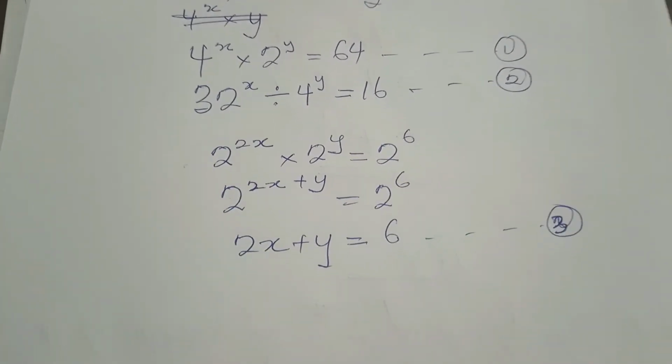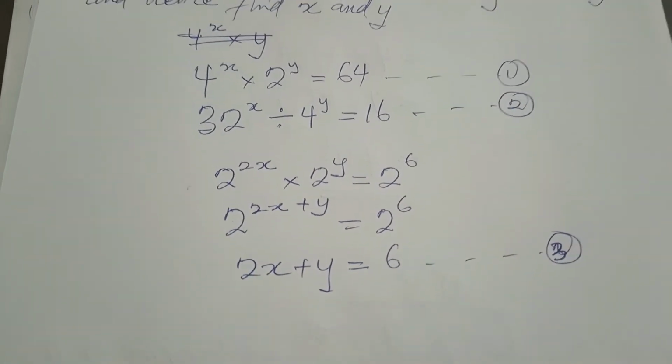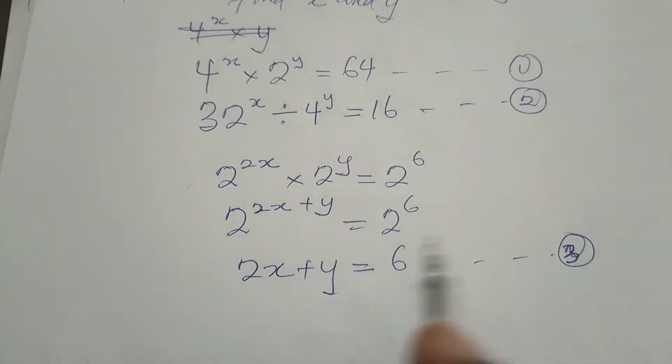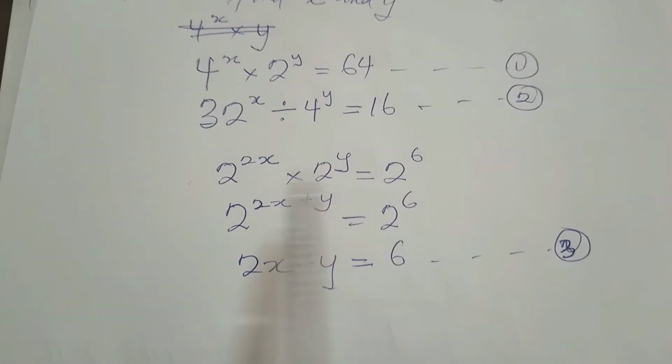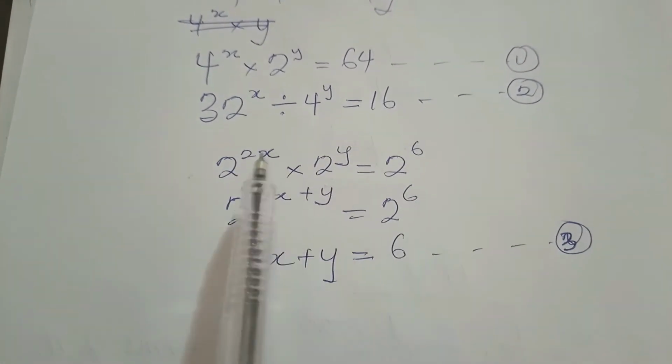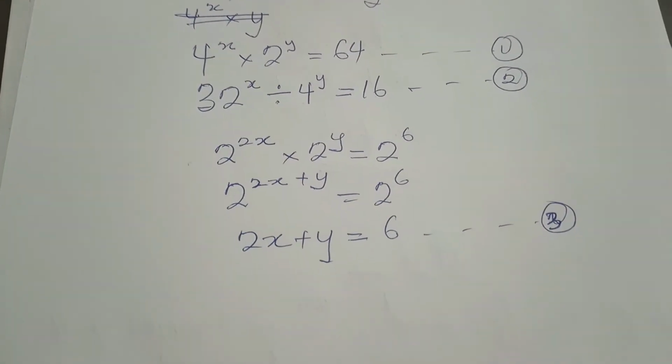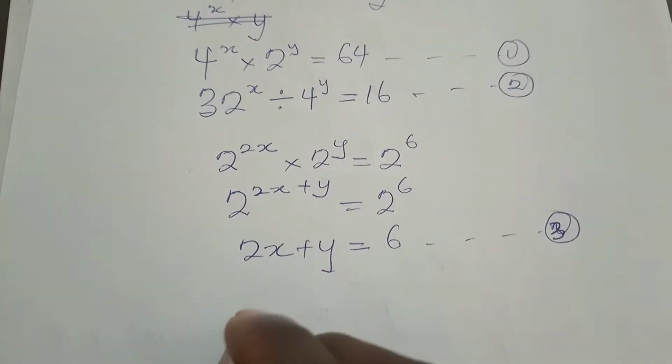Let's take equation 2 and break it down to get equation 4. 32 here can also be expressed as base 2. So 32 is 2 exponent 5.